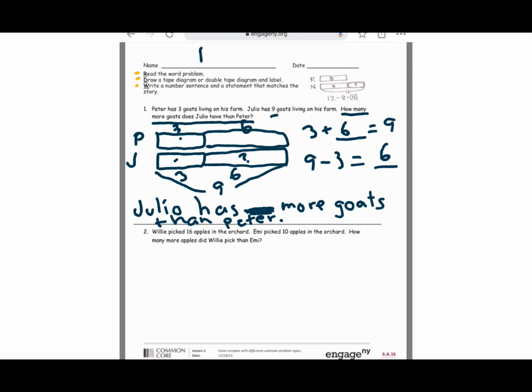Number 2. Willie picked 16 apples in the orchard. Emmy picked 10 apples in the orchard. How many more apples did Willie pick than Emmy? What are we going to do first, boys and girls? Well, the first thing we want to do is find our question. Here's our question.